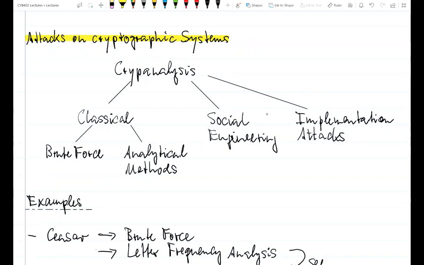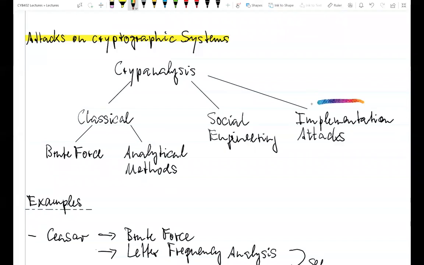I don't want to get into the details, but it's basically a way to avoid applying analytical methods, because our modern ciphers are just too robust to be cracked easily, and social engineering would be one way to avoid the whole area of trying to crack a cipher at an analytical level.